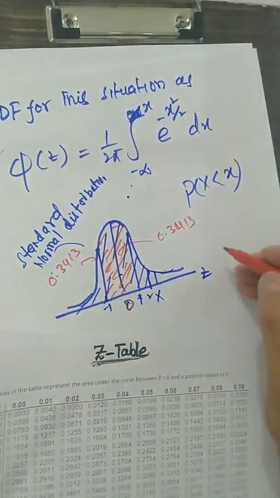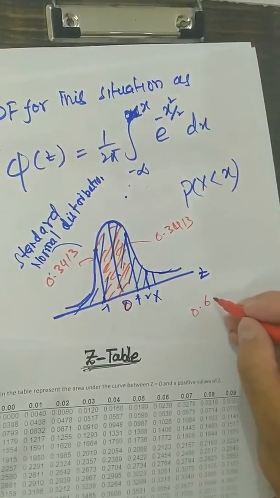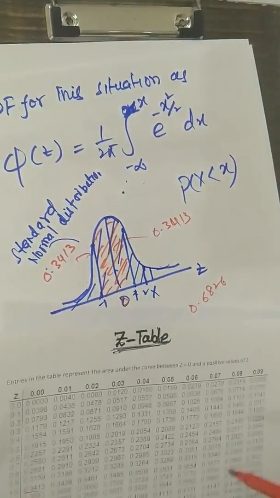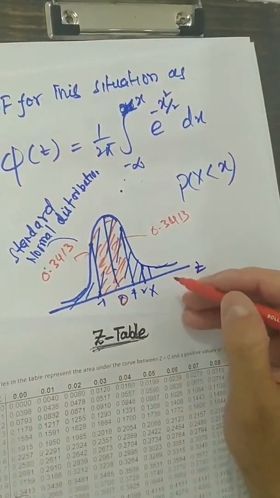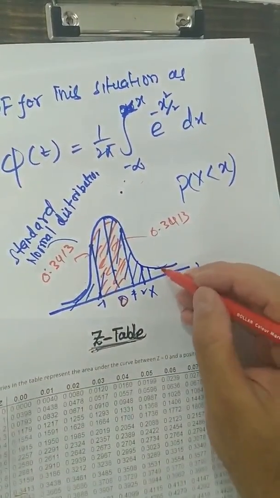So the total area under the curve would be 0.6826. Similarly, you can find the area for higher values of z.